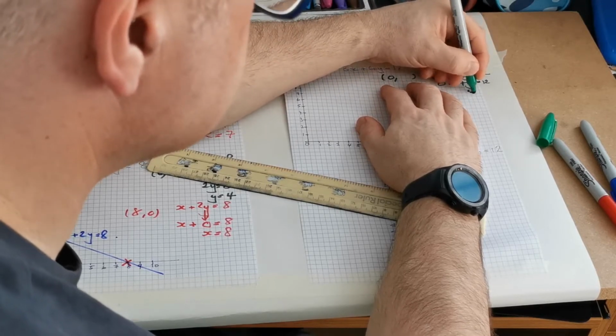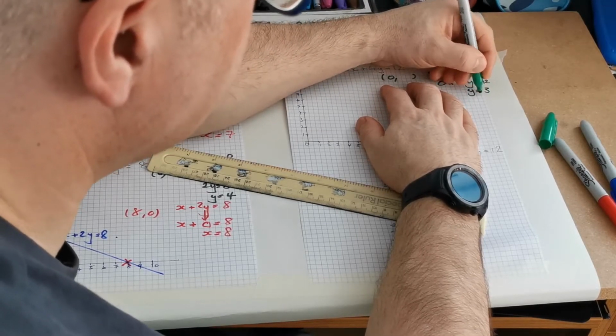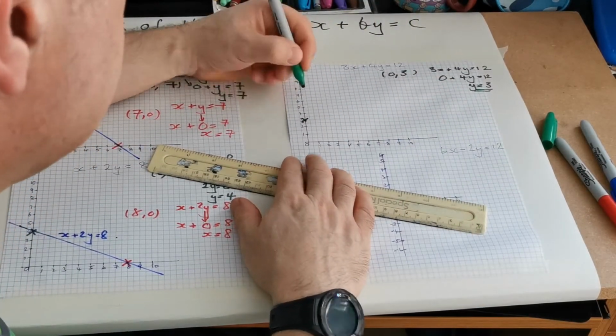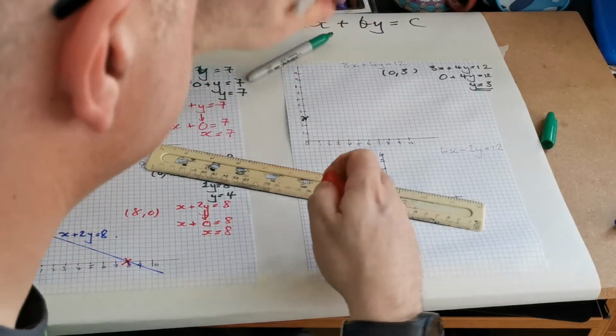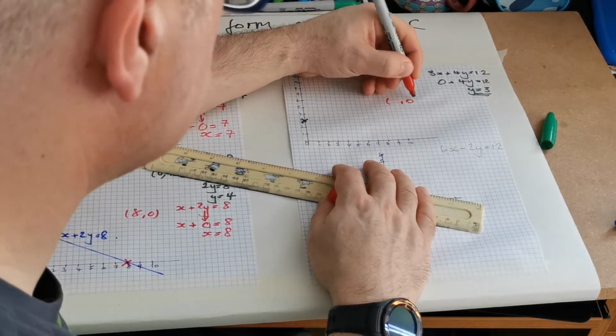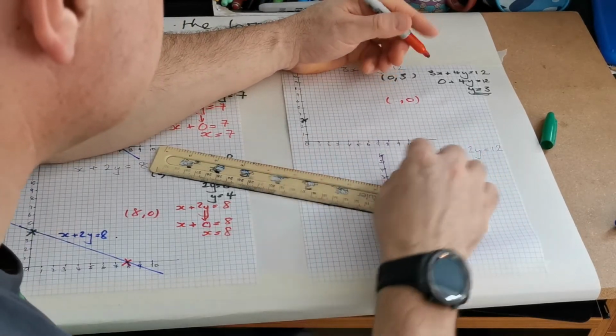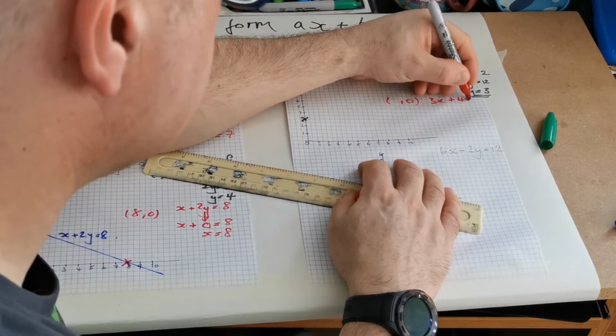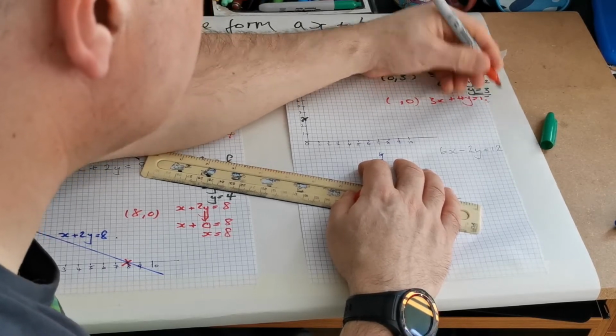That means 4y's are 12, then 1y would equal 3. So 0, 3 is there. And if I'm going to do something, 0, that would be along this line in 3x plus 4y equals 12.